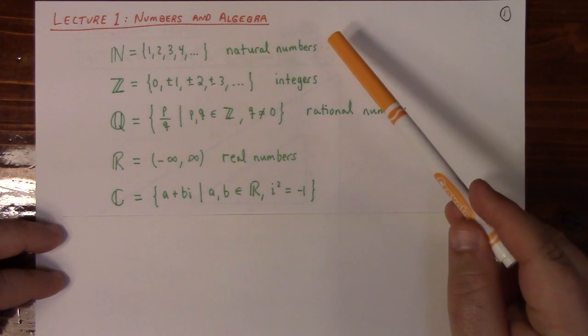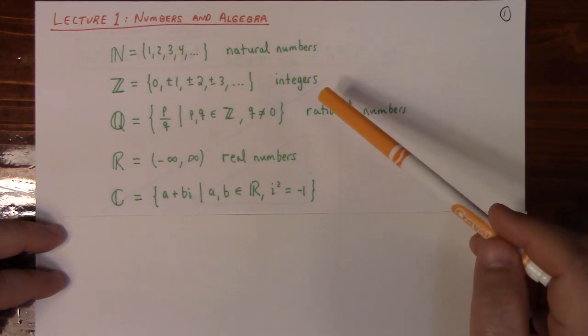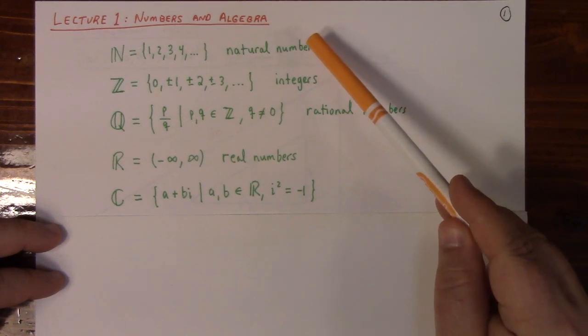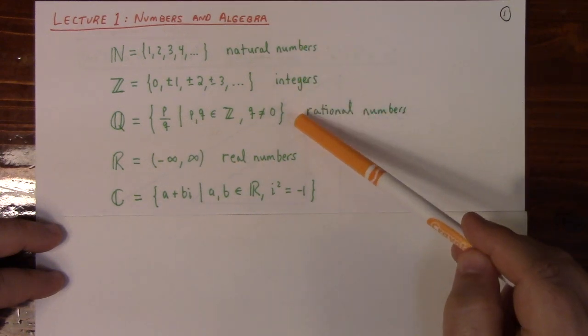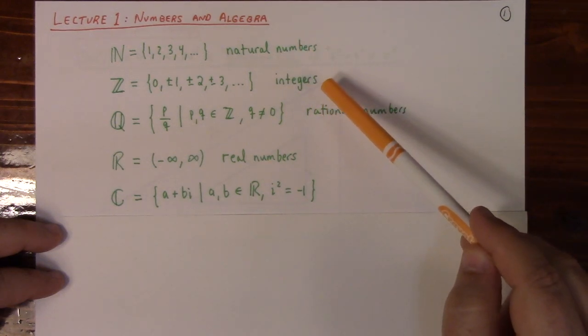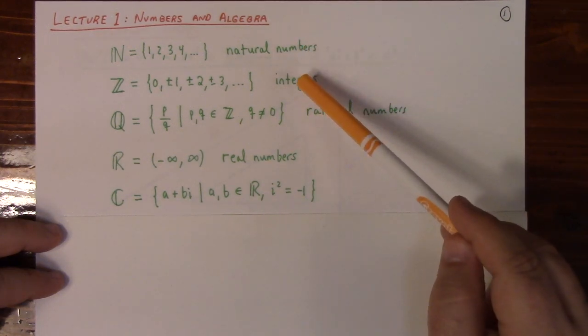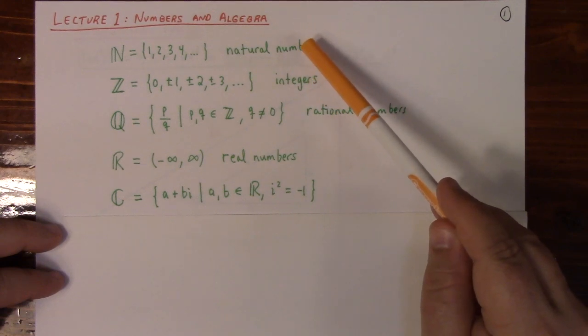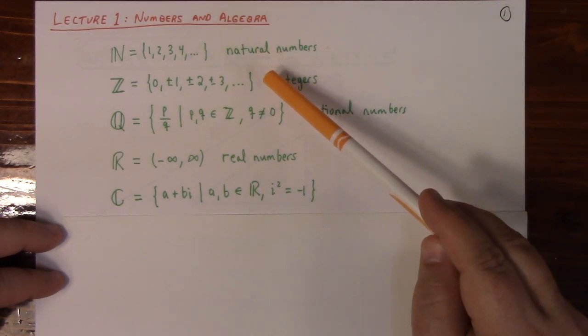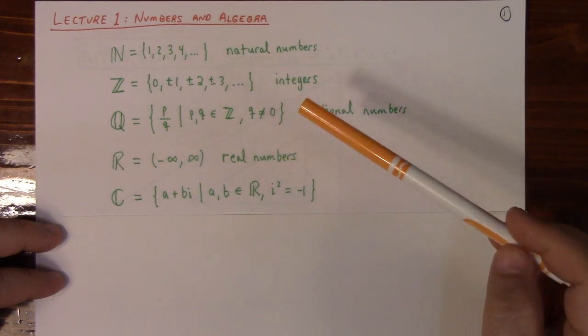Let me just share some fun facts with you here before we go on. So it's interesting to notice that the cardinality of N, Z, and Q is all the same. These are all the same size. There's a one-to-one and onto mapping, a bijection, a one-to-one correspondence between the natural numbers, the integers, and the rational numbers.